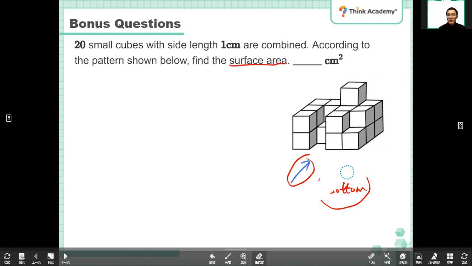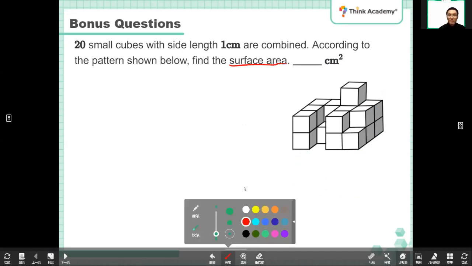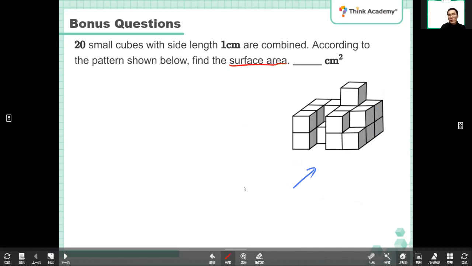Let's start with the front view of this shape. Let's count together. Because we know that the small cubes all have side length 1 centimeter, one face is 1 by 1. So the area of one face will be 1 times 1, which is 1 square centimeter.